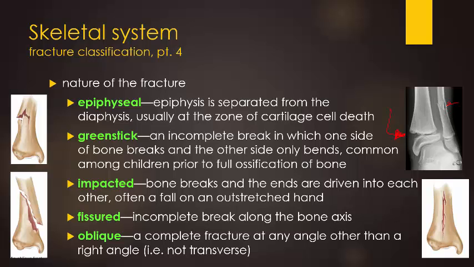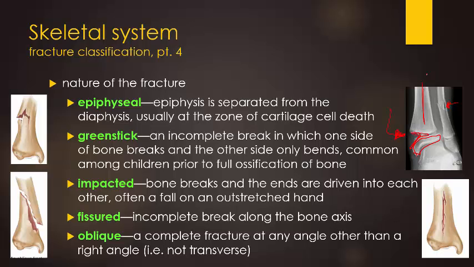You can see there is some damage here, but also notice how the end of the tibia appears displaced, and we have a break right here. So the epiphysis is separated from the diaphysis. Here's the diaphysis. That would be an epiphyseal break.